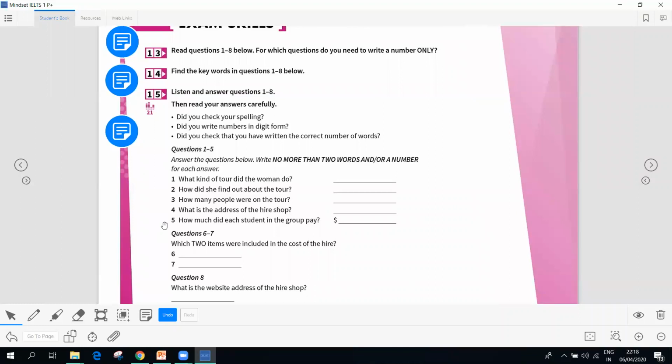So read questions 1 to 8 here and look for question words that ask you for a number, for example, how many? You need to write a number. This task is on Moodle, so you can complete this task on your Moodle page.